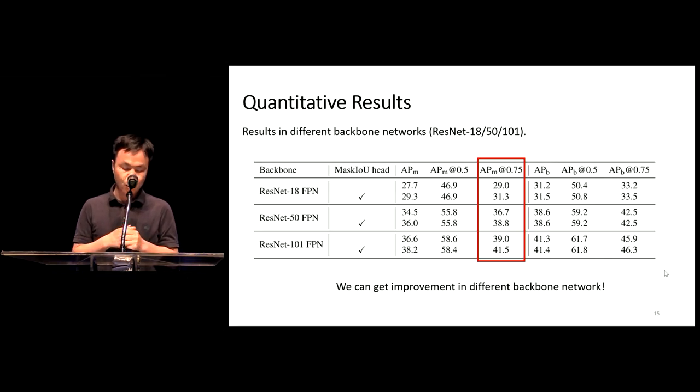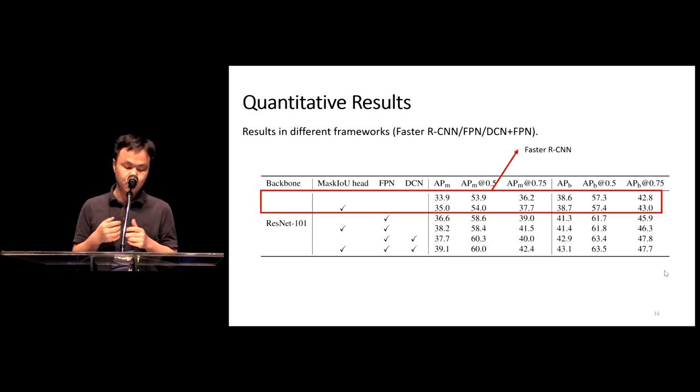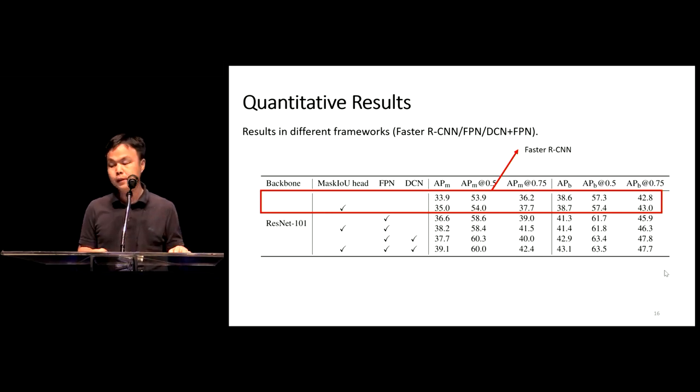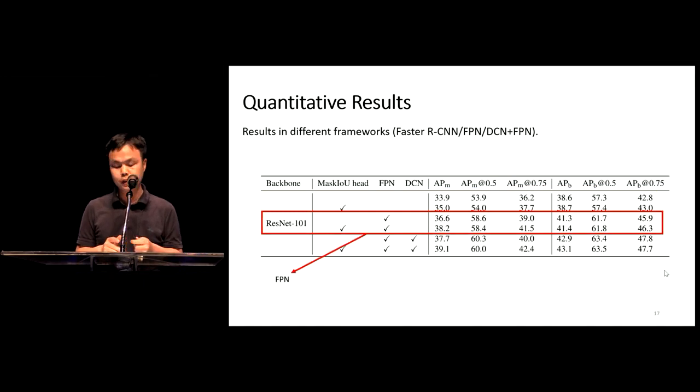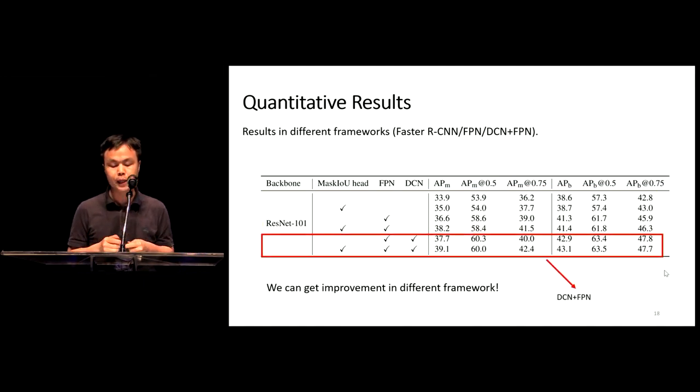That shows we can get improvement on different backbones, including large networks and small networks. Next, we show the results on different frameworks: Faster R-CNN, FPN, and the last one, DCN plus FPN. As shown in the paper, we still get improvement in different frameworks.